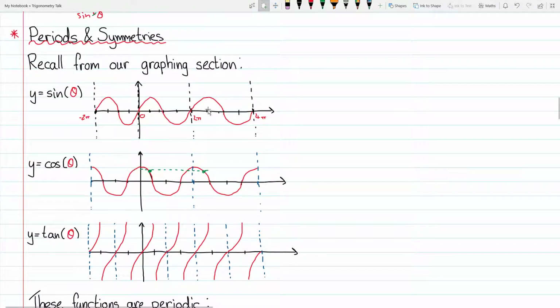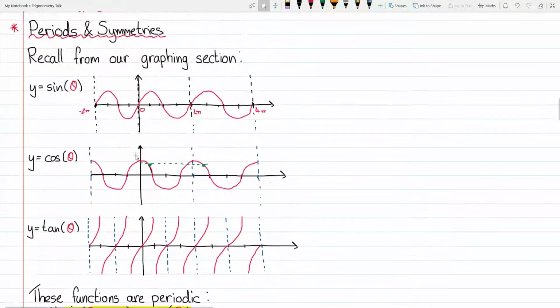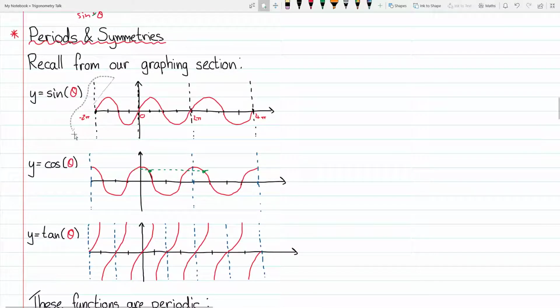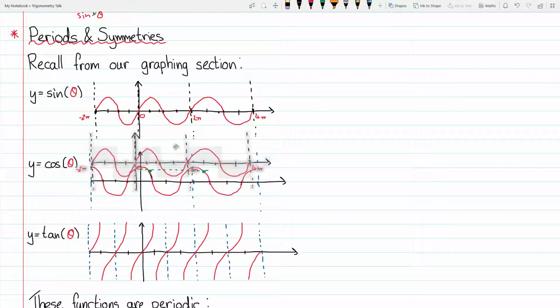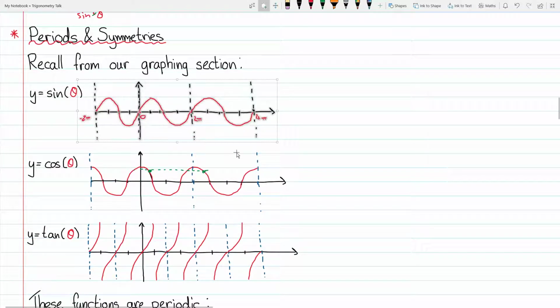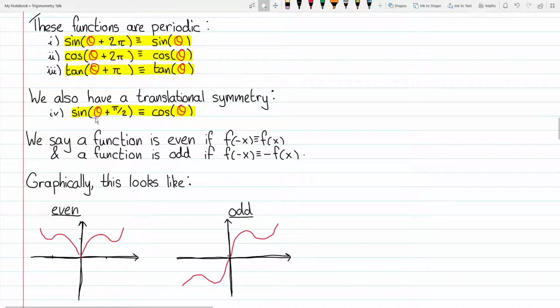And so if I take sine here, and we shift it pi over 2 units to the left, notice how, even though I've drawn this quite crudely, the graphs line up. And so what this is saying is that if you take sine, shift it pi over 2 units to the left, you get cosine.